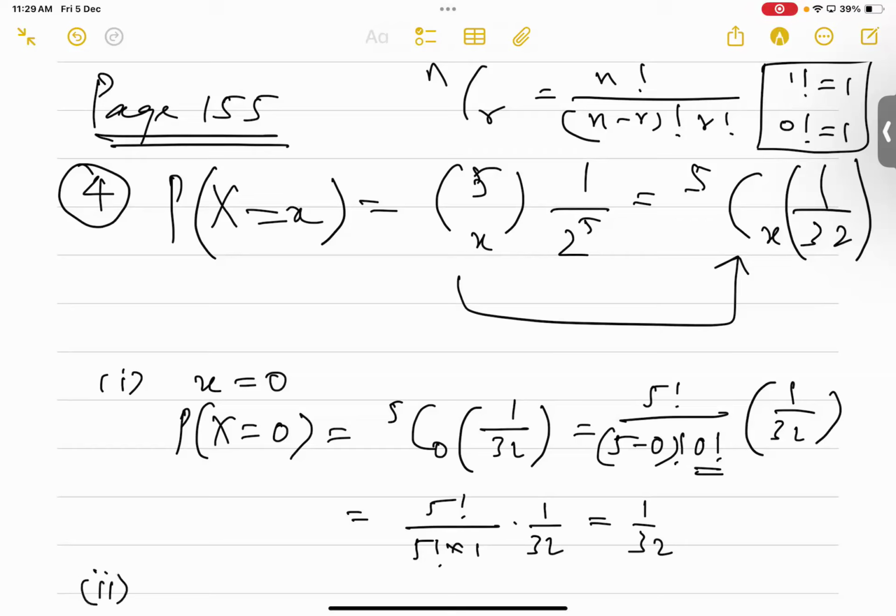Then we'll start with x is equal to 1. You have to put which values? x is equal to 0, 1, 2, 3, 4, 5. It's given in the question.